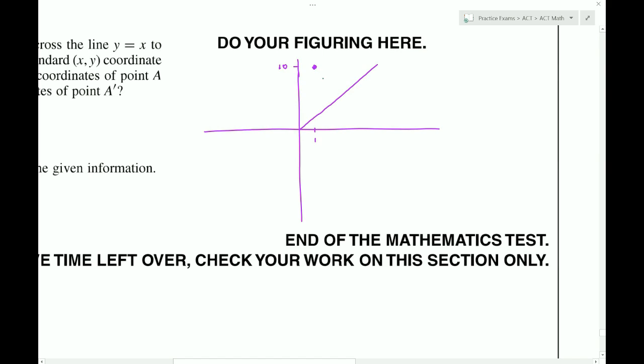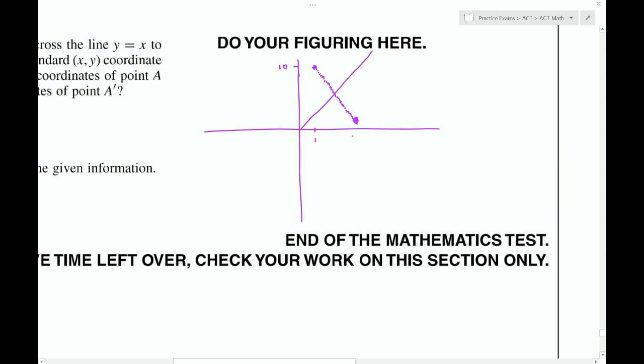Right? And we'll see where this point will fall under this transformation. So what we'd expect is that the distance is preserved away from this line, and so therefore we expect it to be somewhere here. Although my drawing isn't quite good, it should be a little bit higher.